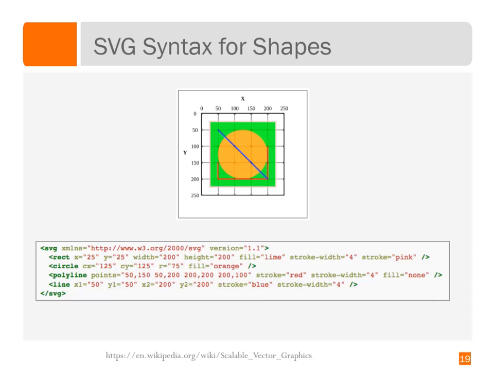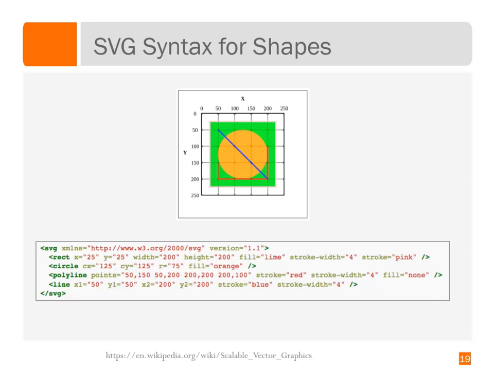Now proceeding to the next shape, the circle. So with the circle, we're going to start at 2 particular points. So you'll see we have our CX and our CY, and those are our center points for X and Y. So with X, we read over 125 on the X-axis. So we find our position there, and then we read down 125 on the Y-axis.